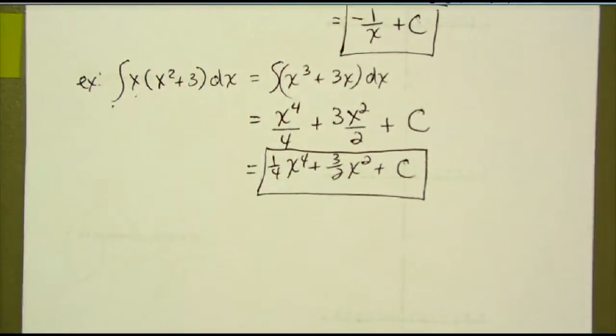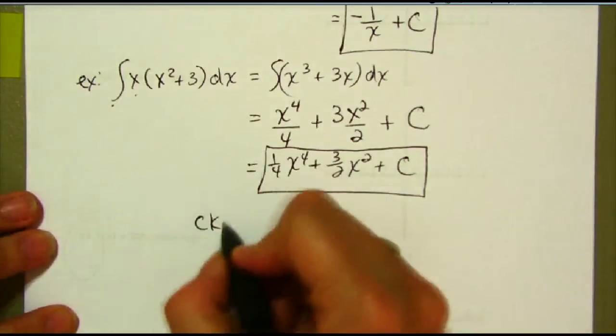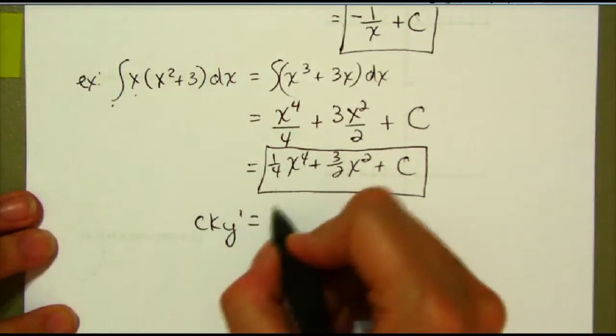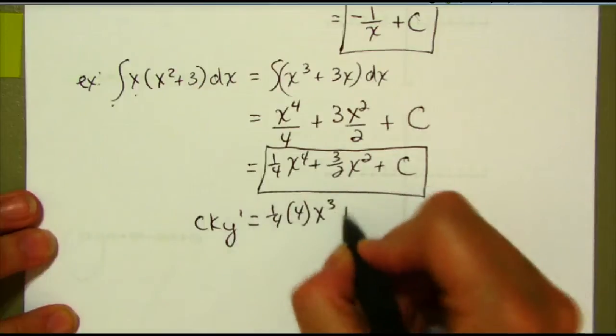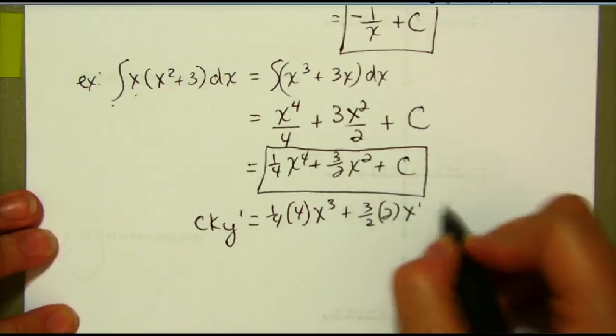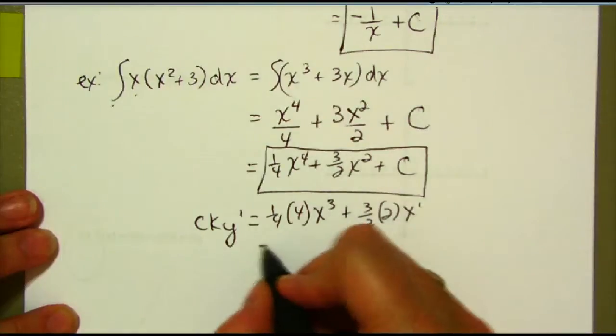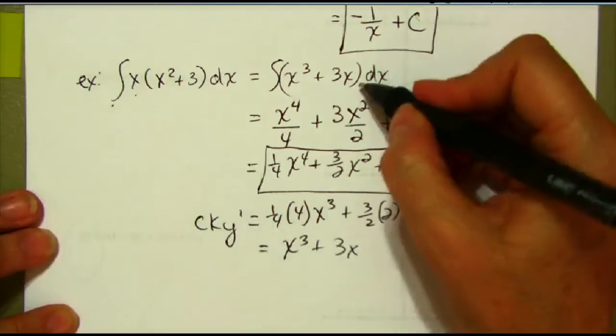Again, we can go ahead and check this one. I'm going to take the first derivative, 1/4, bring down the 4, decrease, bring down the 3/2, bring down the 2, decrease, and that just goes to 0. So that's x to the 3rd plus 3x, which is originally what we had.